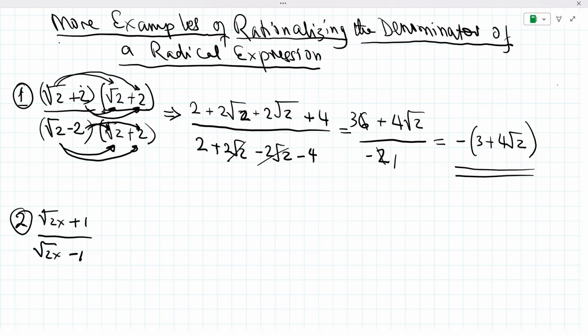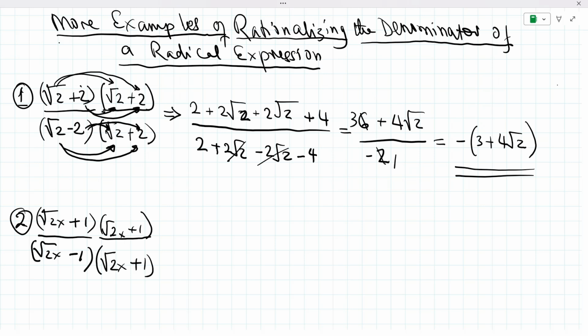So even the numerator must be multiplied by the same conjugate. So that means the denominator must be multiplied by its conjugate, and that's root 2x plus 1. So we also multiply the top by root 2x plus 1.